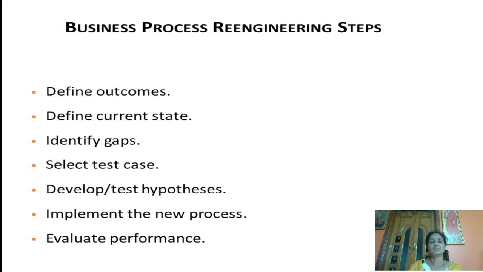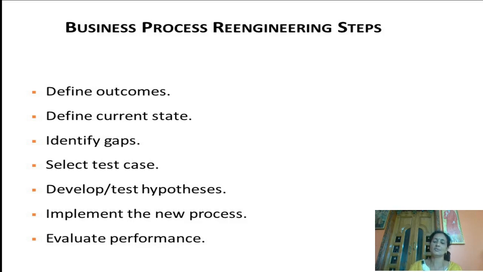And what are the steps that have to be undertaken for this business process re-engineering? First you have to define the outcomes. What will be the outcomes of this process, and define the current state. After implementing this business process re-engineering, what will be the outcome and what is the current state.